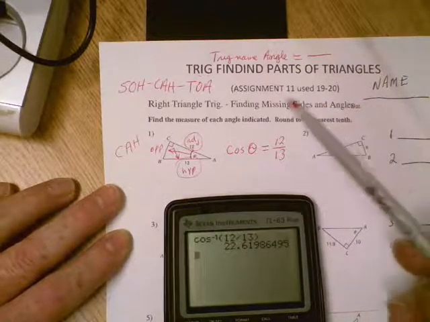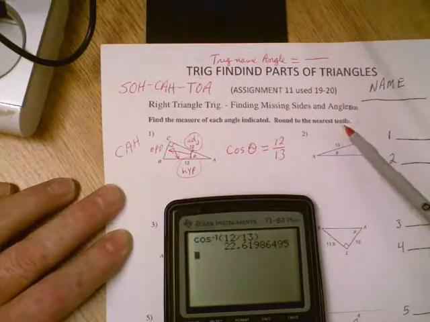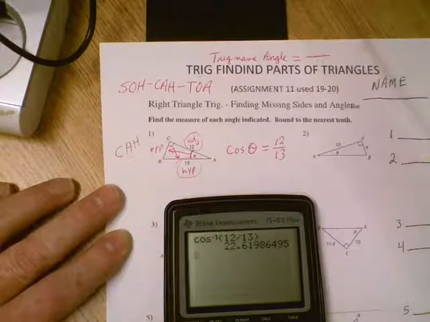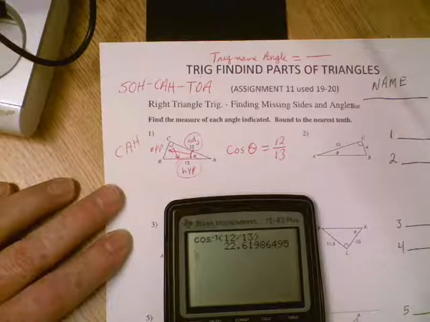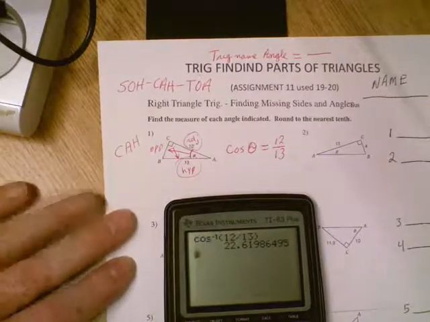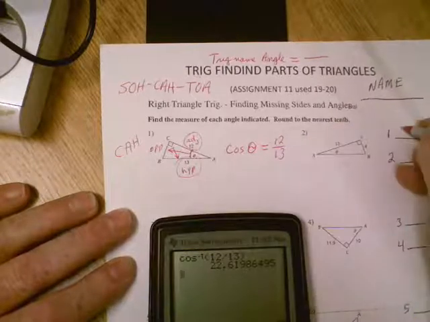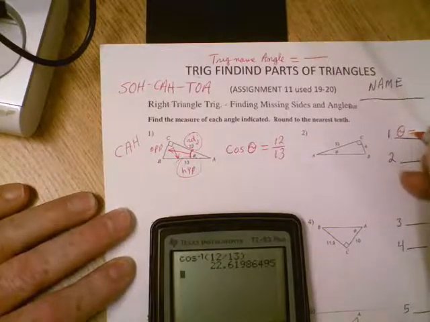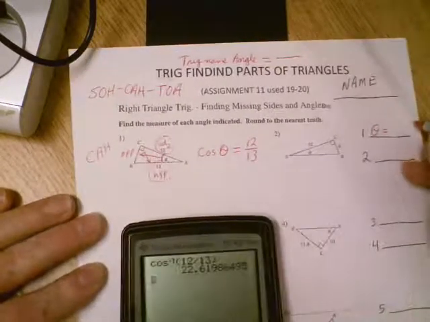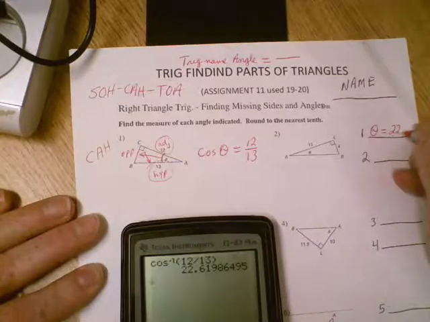They said round the angle to the nearest tenth. If you round it off to the nearest degree, I wouldn't throw a big fit, because that's where I've been telling you most of the time to round angles. But we'll round this one off. We know that theta for number 1 equals 22.6 degrees.